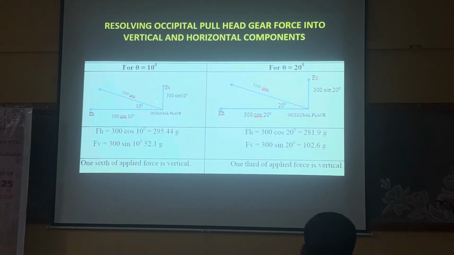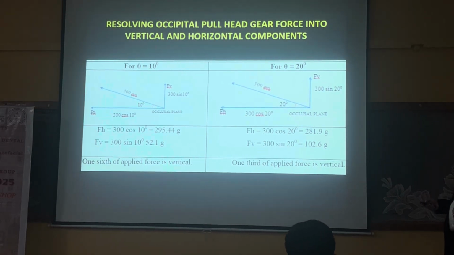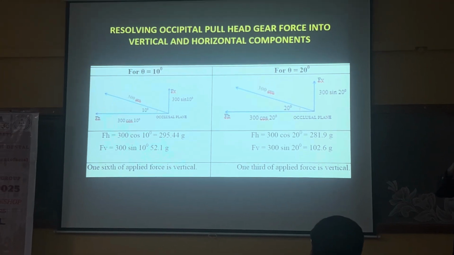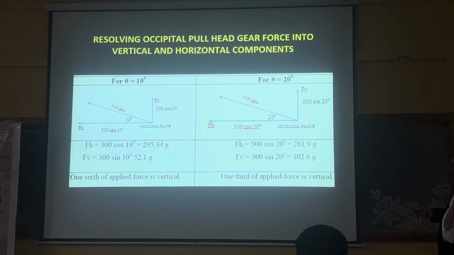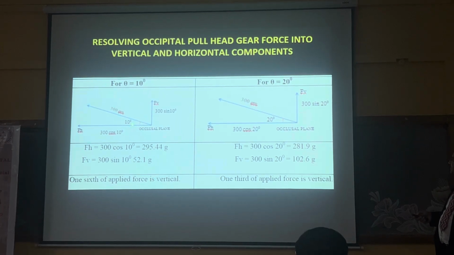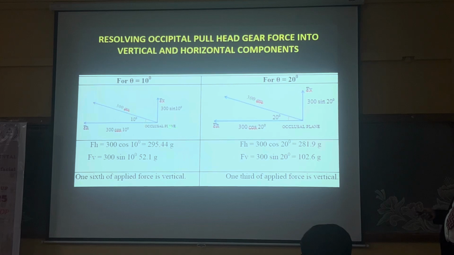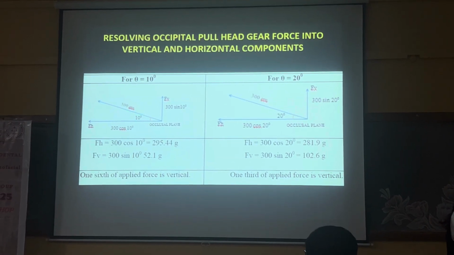Let us say you're giving 300 grams of force. You have to measure on the gauge how much headgear force you are giving. That is 300 grams of force, and the angle between the occlusal plane and the headgear force module is 10 degrees.